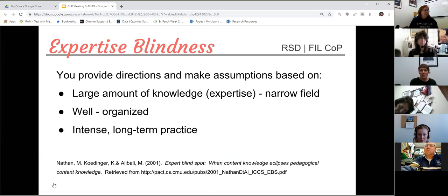And that's not just in the realm of your content knowledge, which is more obvious to us because that's what we're trying to teach in the classroom. It's actually in the realm of the processes that you use, the tools that you use around that content knowledge. So your research skills and your information literacy skills are also part of our expertise blindness.